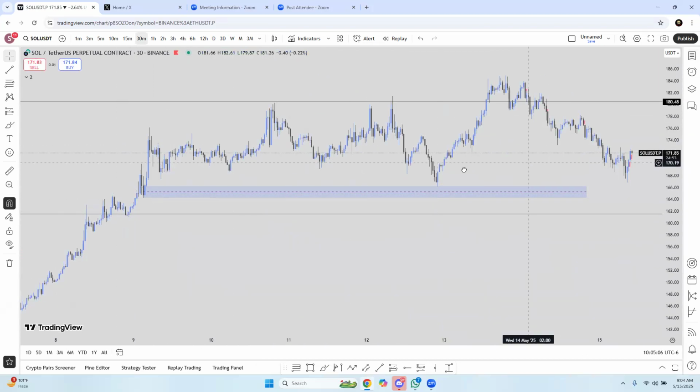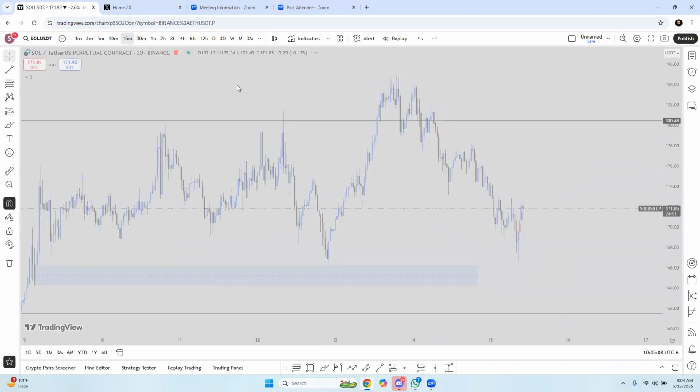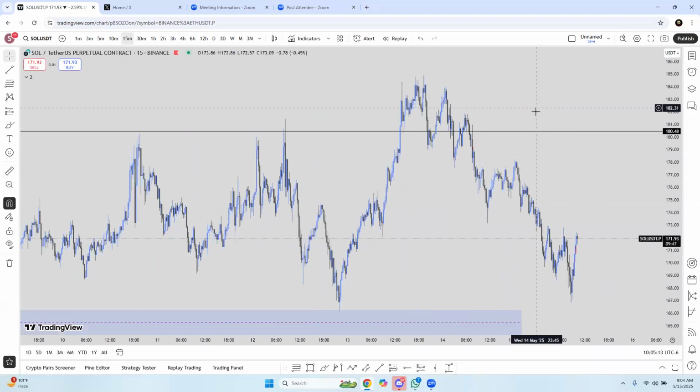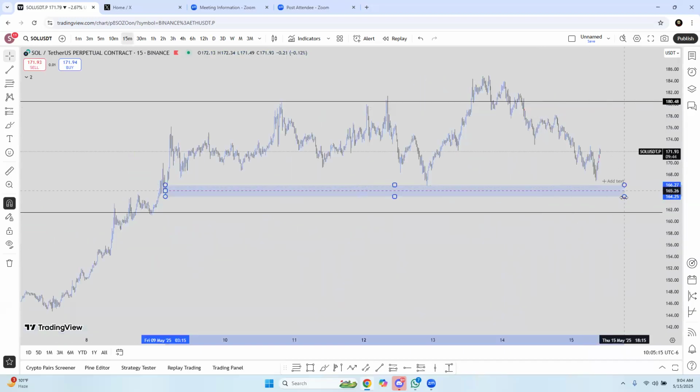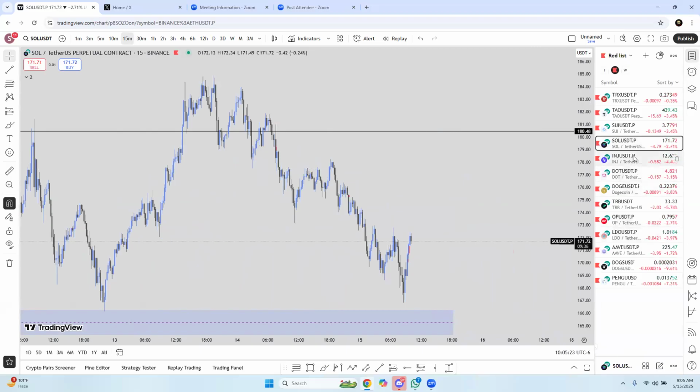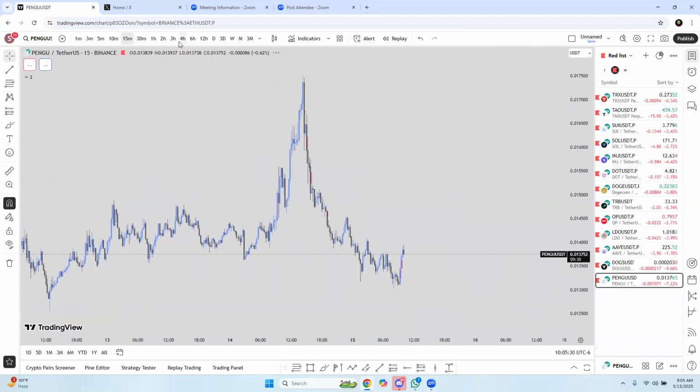It tapped. Look at this wick. Man, I missed this trade. Yes, and now it didn't test it. Sold nothing here. Injective. Any other good chart to keep an eye on?